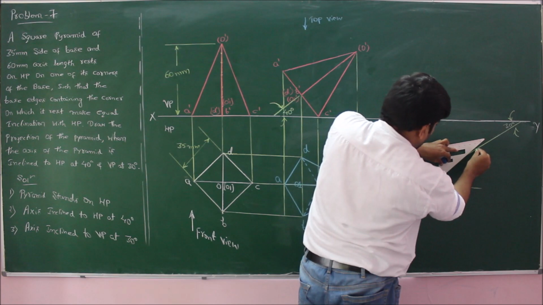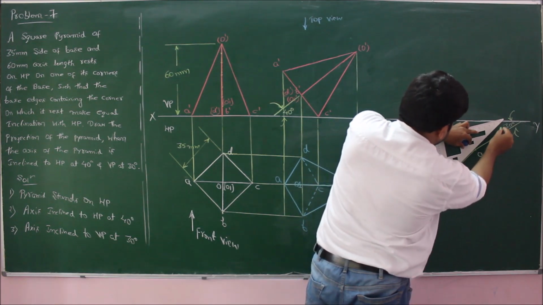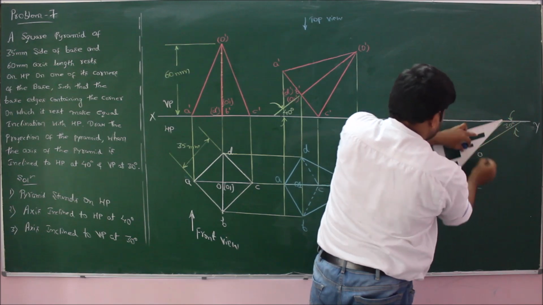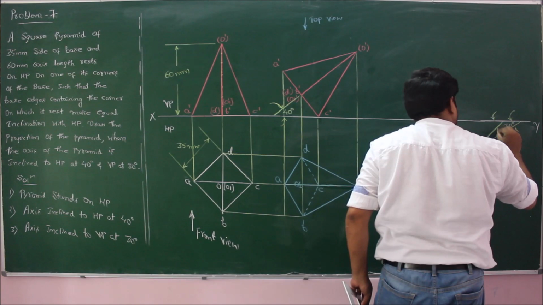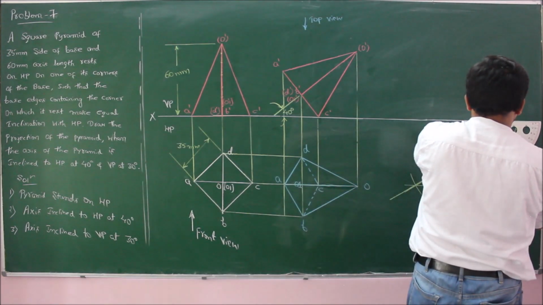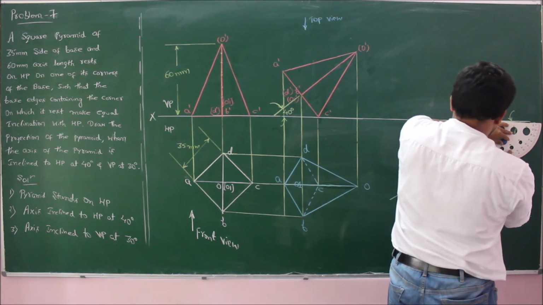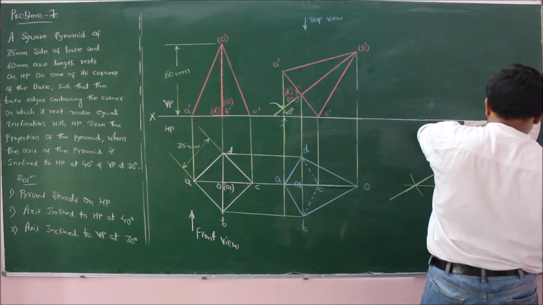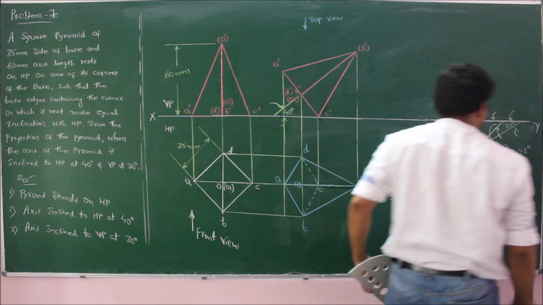Now join O1 and extend it to intersect the XY line. Now measure the inclination, which will give us the beta angle for this problem. Beta angle turning out to be 43 degrees.